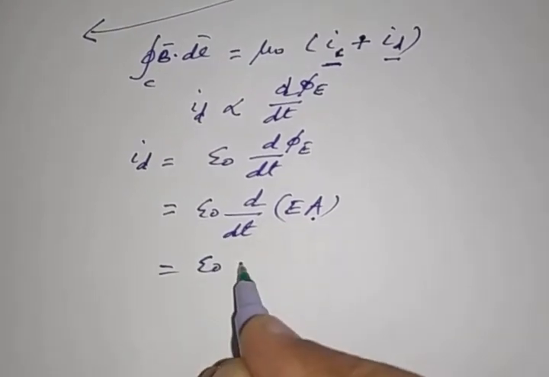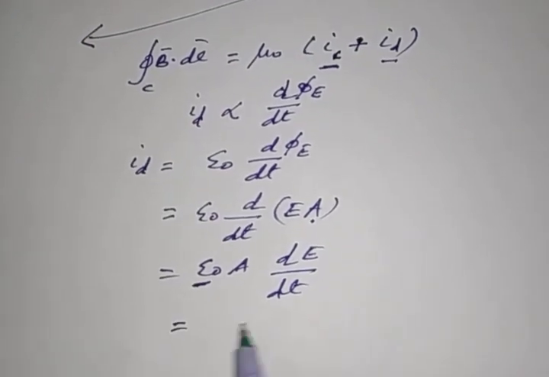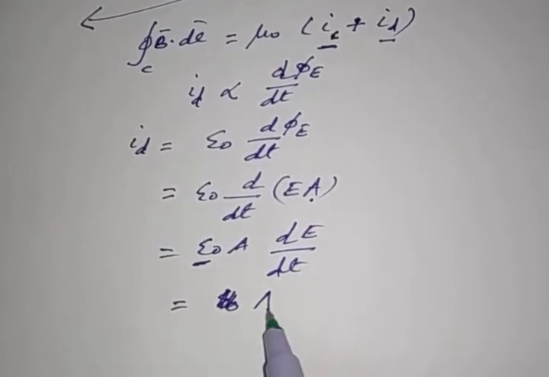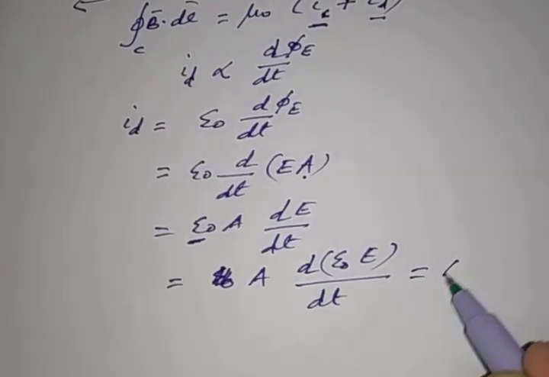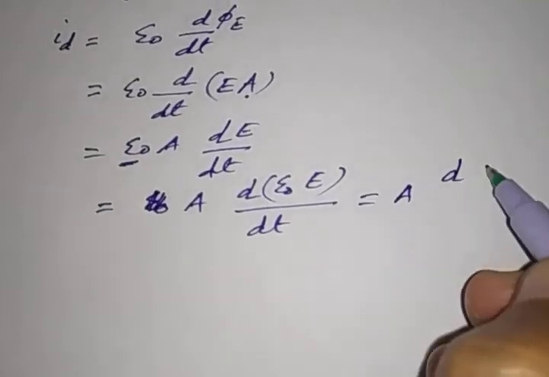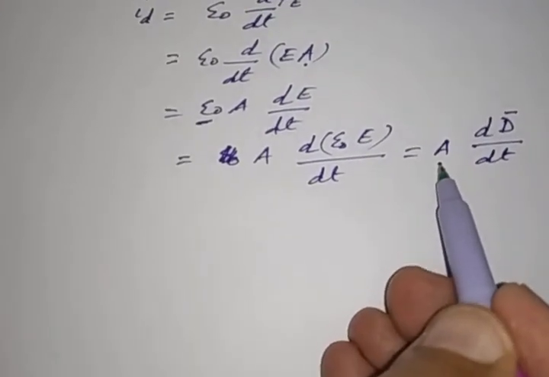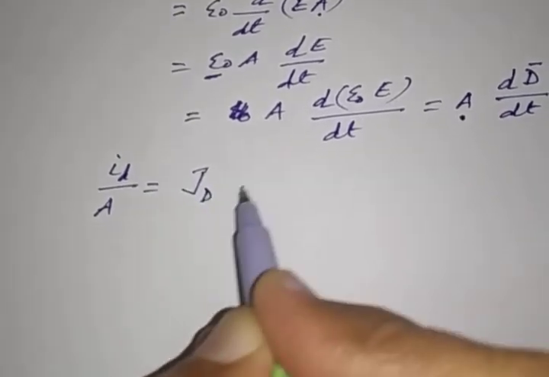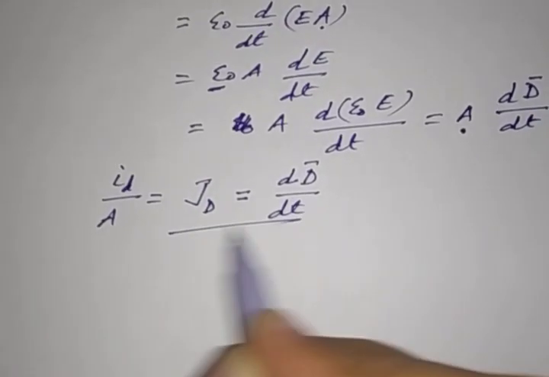This is actually the displacement vector, and if we take this A to the left hand side, it comes out to be the displacement current density, which will be equal to this.